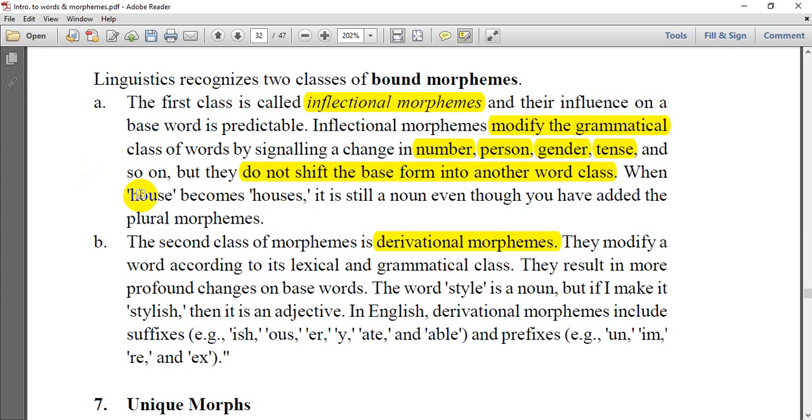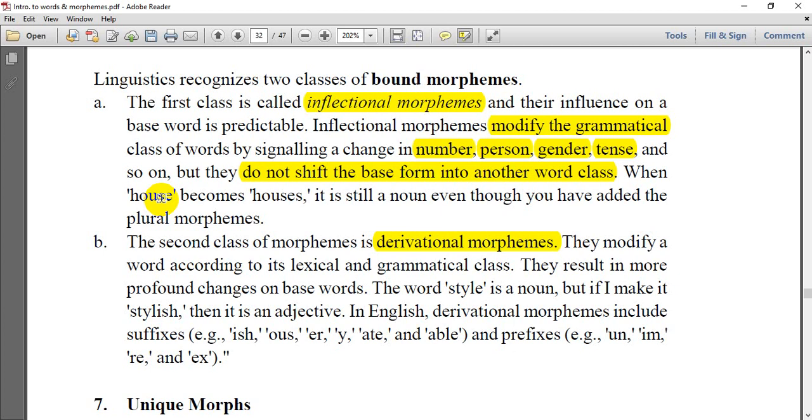Like this example, house, houses. A house is singular. Houses, plural. And then tense: past simple, past participle, present simple. For example, play, plays, present simple. Played, past simple.